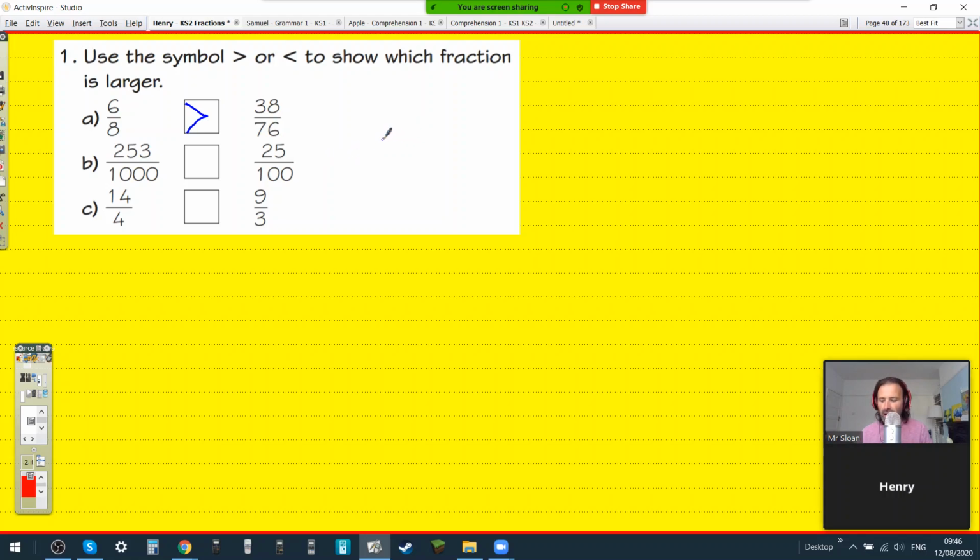But because there's a 3 on the end of the 250, it makes it 25.3%. Well done.